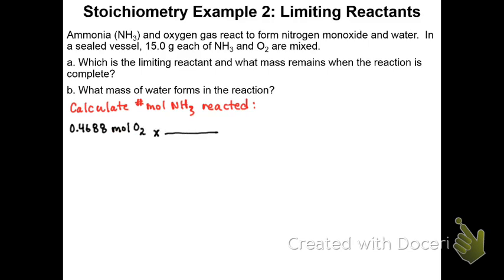So we know that 0.4688 moles of oxygen react. And from the balanced equation, we know that 5 moles of oxygen react with 4 moles of ammonia.